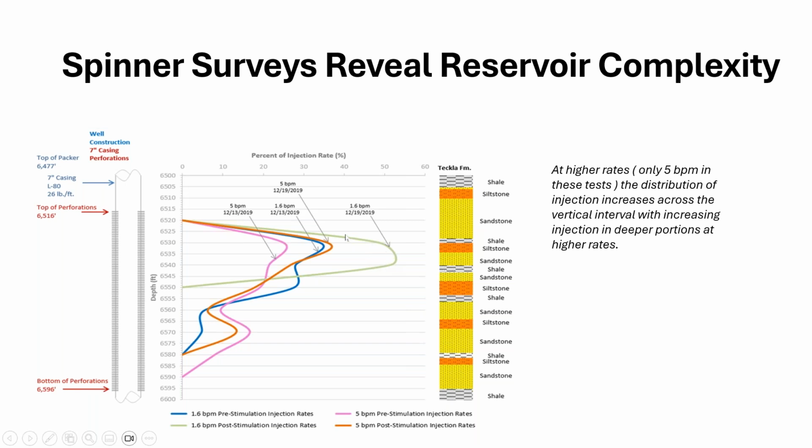But if you increase that rate to 5 barrels per minute, other portions of that formation begin to accept fluid. The same is seen here, where once you increase the rate, shown in red and pink, lower portions of this formation begin to accept fluid. At higher rates, the distribution of the injection increases across the vertical interval as the injection rate increases.